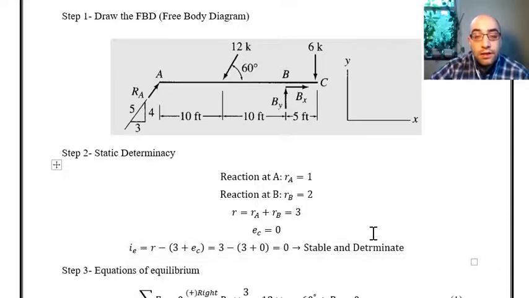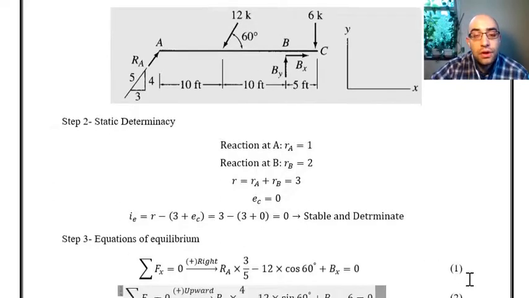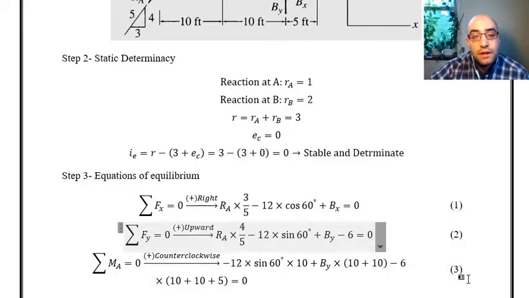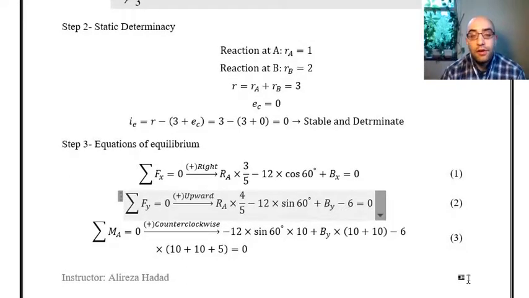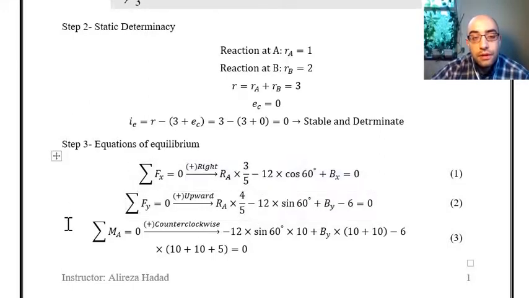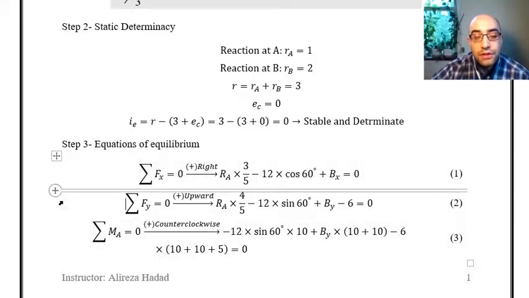Now that we know the structure is determinate, we can find the reactions based on the equations of equilibrium. So let's write those equations and see how we can use them for finding the reactions. When we are talking about the equations of equilibrium, we are referring to these three equations.